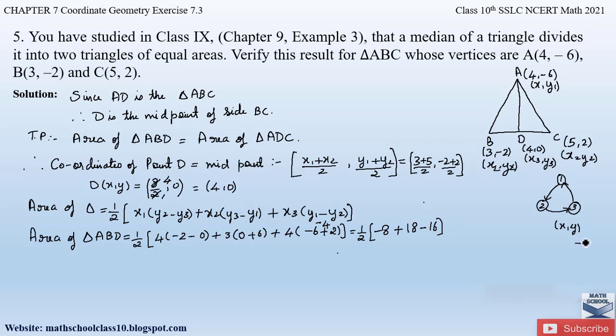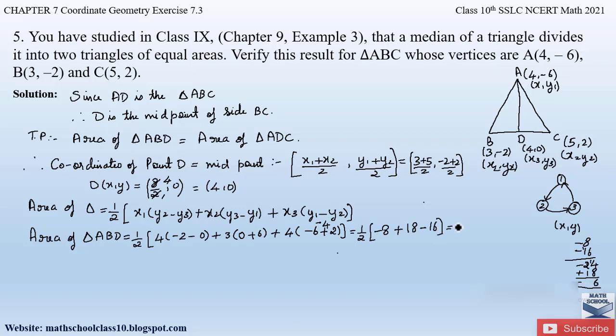So first we will add minus 8 and minus 16. 8 plus 6 will be 14, carry 1, 1 plus 1 is 2, so this is minus 24. We have to take plus 18, so here we will subtract with the greater number's sign. 18 minus 24, so carrying, 14 minus 8 will be 6, so minus 6 is the answer.